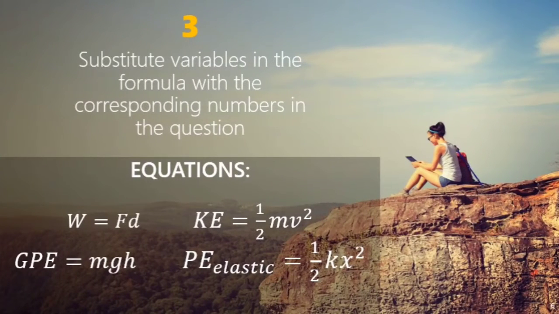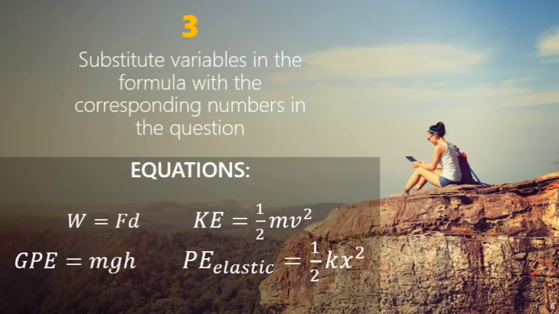So we're going to substitute variables in the formula with corresponding numbers in the question. We looked at the big equation, which is basically total energy before equals total energy after. And these are the formulas that you might see. You saw this when we did the intro to energy and work.